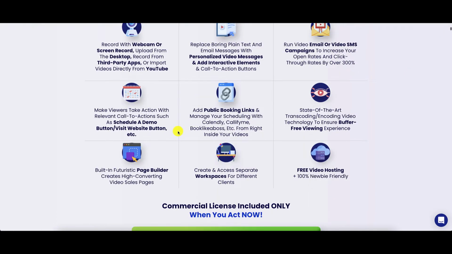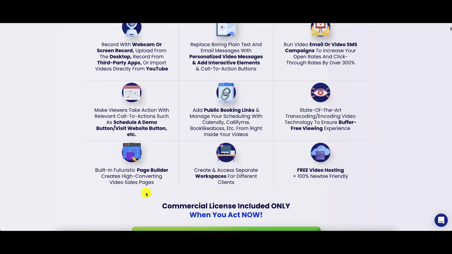You can get your viewers to take the action that you want with relevant call to actions such as a schedule a demo button or a visit a website button or anything else that is relevant for you. You can add public booking links to manage scheduling with Calendly and other similar tools. And you can transcode and encode your video to ensure that there is buffer-free viewing.